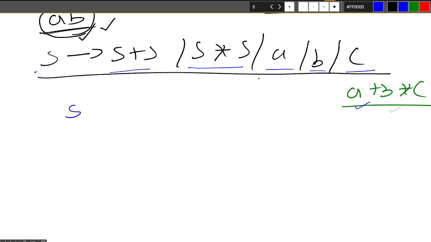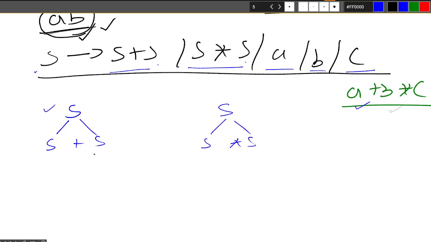So somehow you will decide to choose either this one or this one, right? No other option, I believe. So you will choose either S plus S, or you will choose S star S. Okay. So suppose you have taken the first option, S plus S.